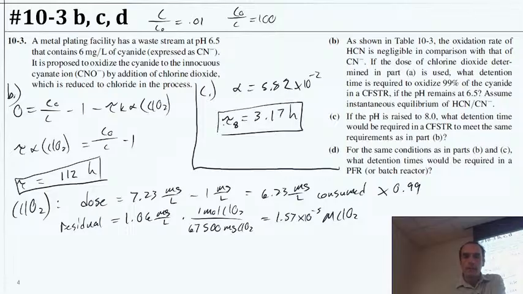So D then asks the same conditions in parts B and C, what happens if we take a plug flow reactor, and that requires some Excel. We'll take a quick look at that, but that would end up giving us the 6.17 minutes.